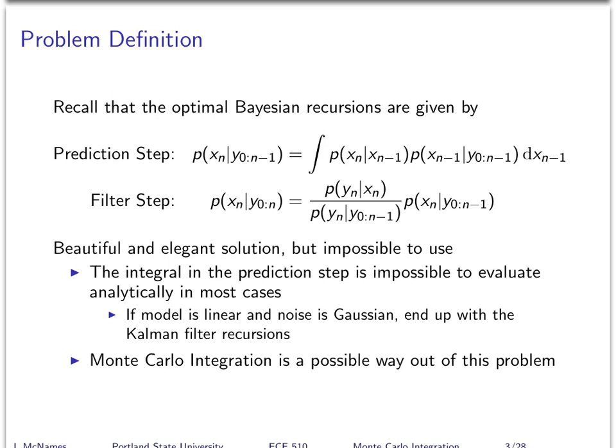We'll represent this posterior as a set of so-called particles. You've got a bunch of BBs, kind of, is one way of thinking about it.